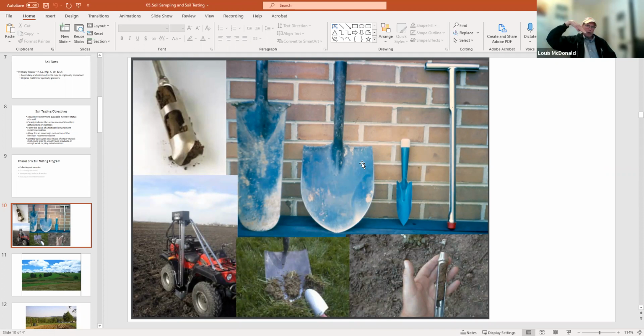They almost always go in at an angle. And when you do that, you overrepresent the surface of the soil. And many of the nutrients, unless you're tilling the soil, don't get equally distributed throughout the tillage zone, throughout the soil profile. And so you're going to get a biased sample.